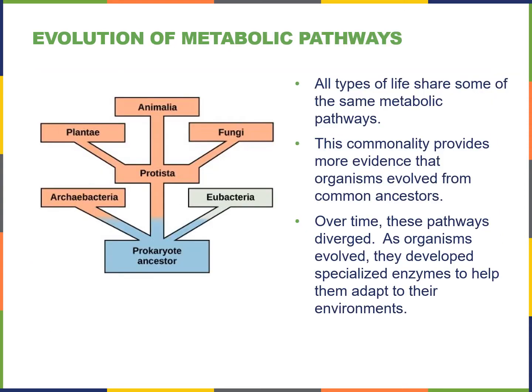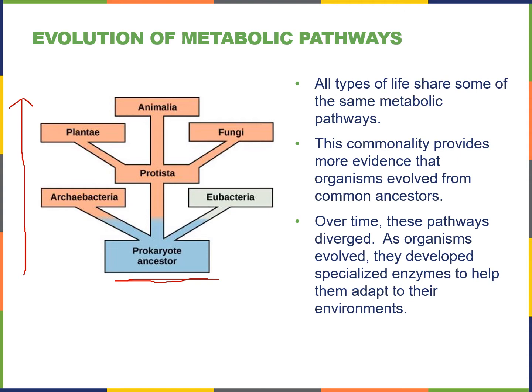So this picture here shows the tree of evolution of various branches of life. So we're going to start here at the bottom with the prokaryote ancestor, and the vertical dimension is time. So as time progresses, the tree branches and different organisms have formed.